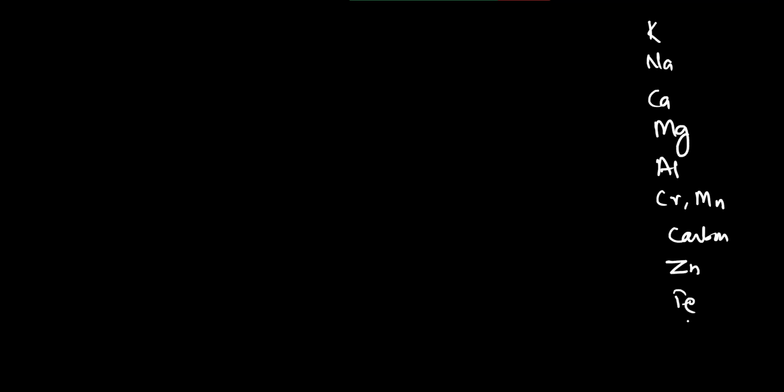And we were studying the reduction methods. I'm just revising it one more time. Potassium, sodium, calcium, magnesium, aluminium, then chromium and manganese, then carbon, and then after carbon we have zinc, iron, tin, lead.